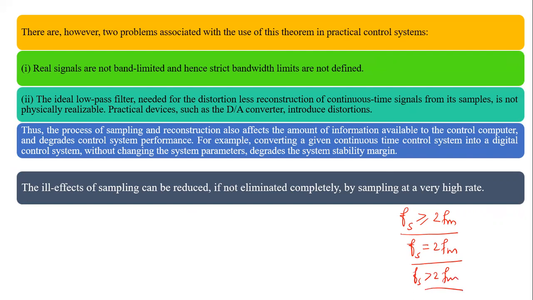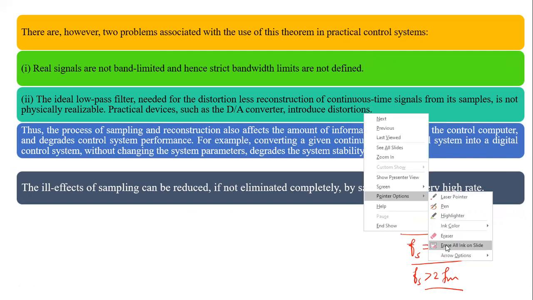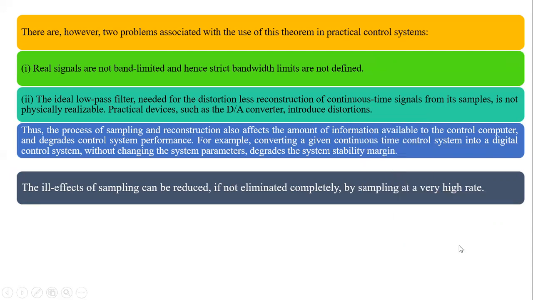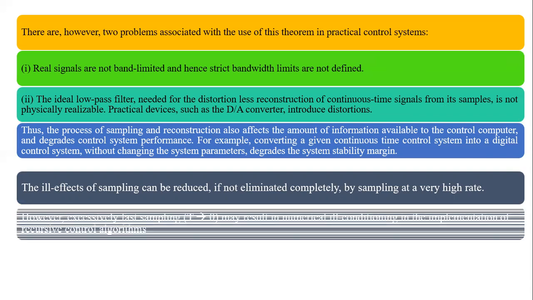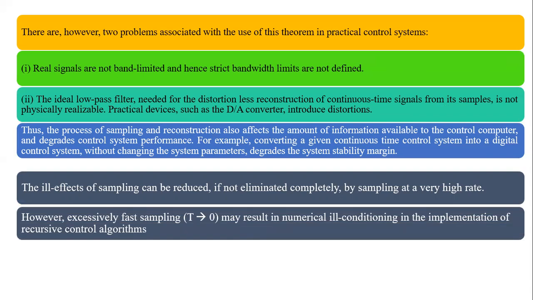So we try to sample the signal at a high rate, but sampling at a high rate can again cause some issue with the system. So we cannot have excessively fast sampling.